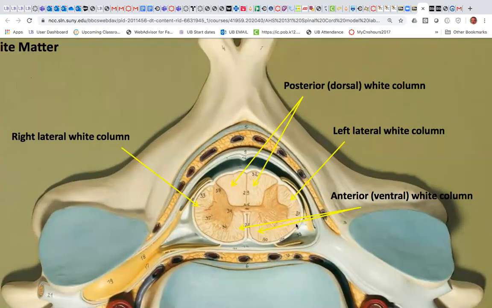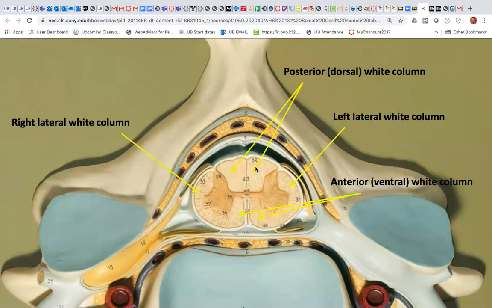Now let's look at the white matter. On the posterior side, you got the posterior white columns, or the dorsal columns, or dorsal white columns. If you just said dorsal columns or posterior columns, that's good enough. Putting the word white in there is just indicative of white matter, but it's not essential.